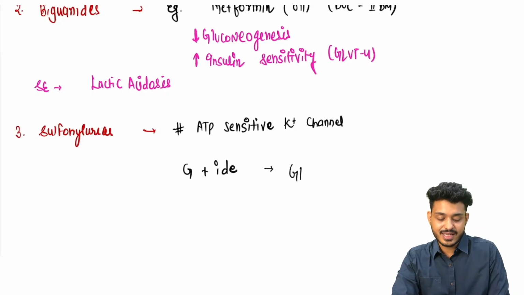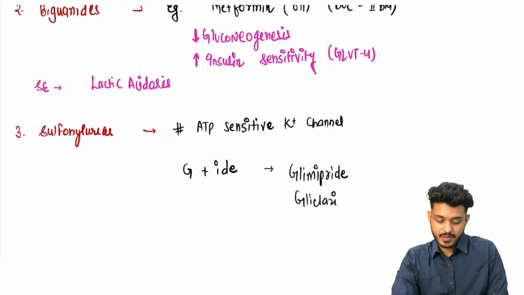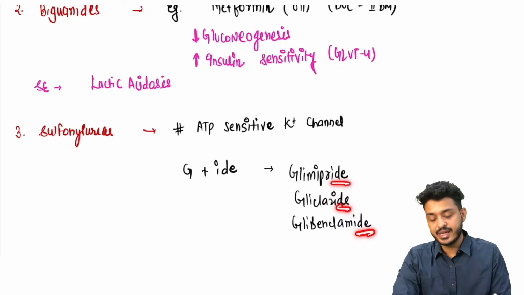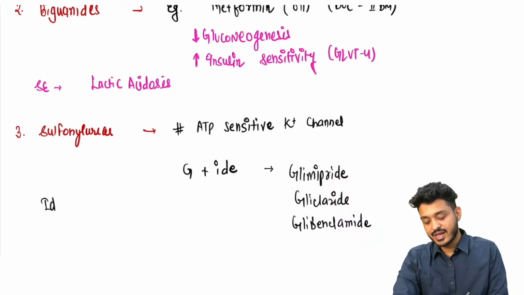We are having drugs like glimepiride, gliclazide, glibenclamide. So all these drugs are going to be ending with ide, and remember, the drugs which end with ide can cause what?